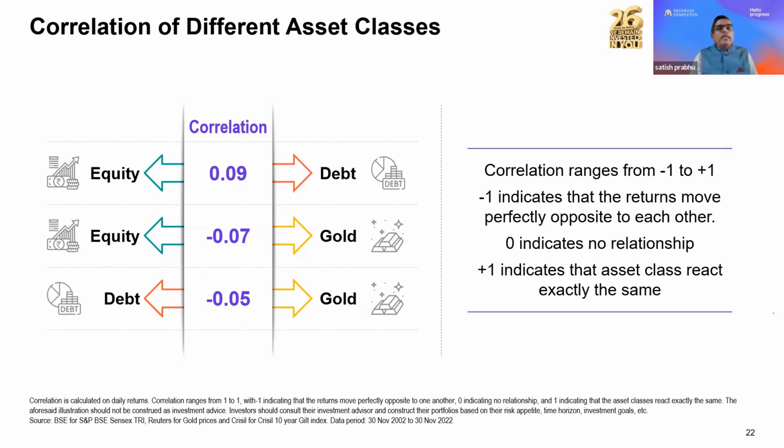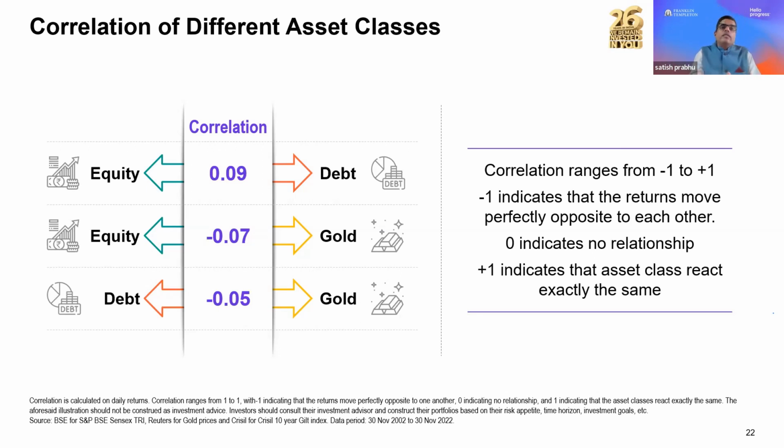When the correlation is high, the diversification is lower. So when I say your asset allocation is only between large cap, mid cap, and small cap, it may not be a good asset allocation. The reason is that you have invested in very highly correlated asset classes, which means your horoscope is not matching.